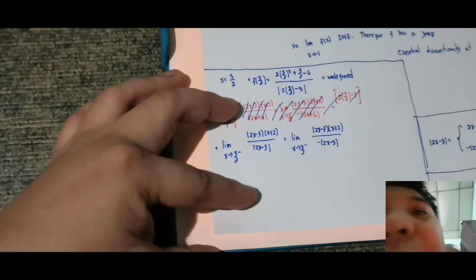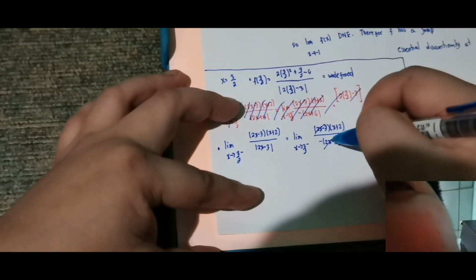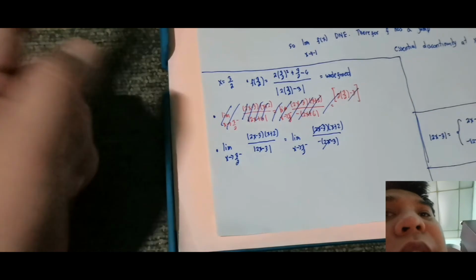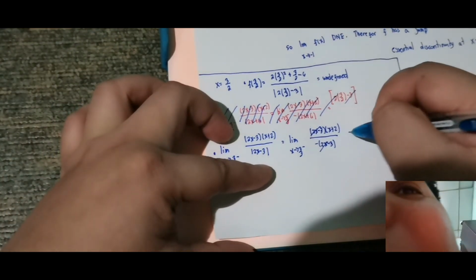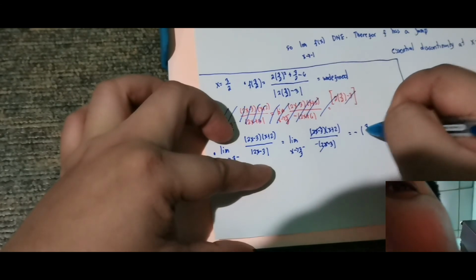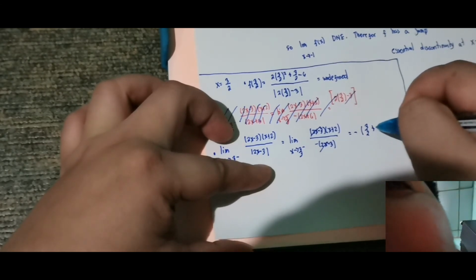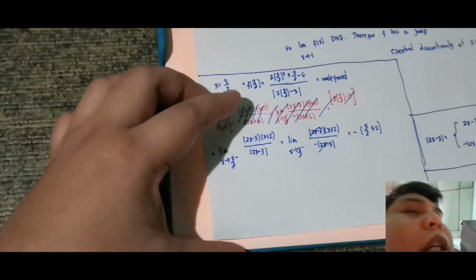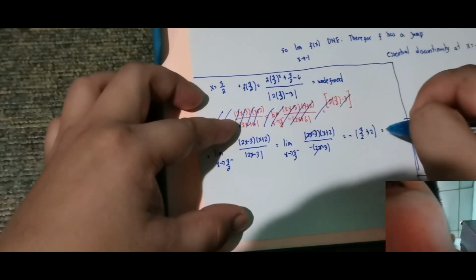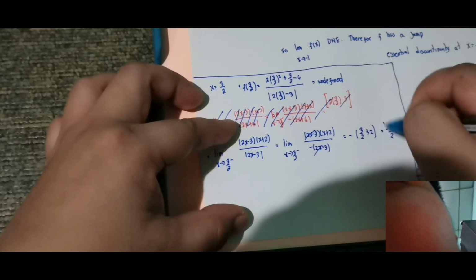Okay, then itong part na to cancel. Okay, so similar, kinukuha natin yung negative. Since wala namang epekto yung negative x plus 2, so this is only equal sa negative of 3/2 plus 2. Okay, which is equal sa, that is negative 7. So that is equal sa negative 7/2.